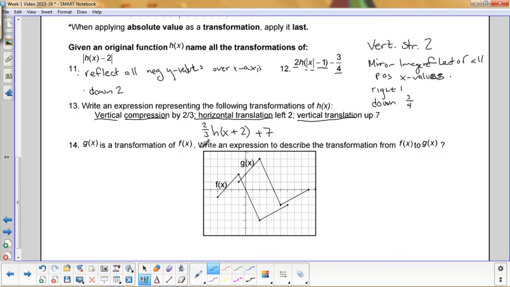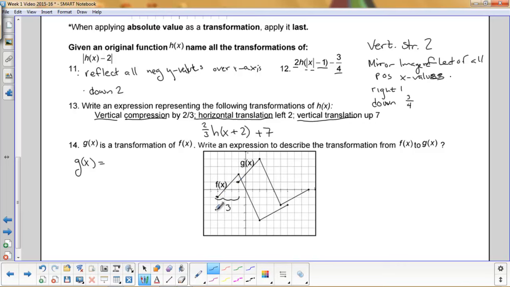Now what we're going to do is we're going to write an expression that helps us describe the transformation of this graph to that one. All right? So I'm going to say, first of all, that g of x, that's my transformed parent function, is going to be f of x with some numbers added to it. Okay? So I'm going to take some critical values here and look at those movements. So I'm going to first think 1, 2, 3.